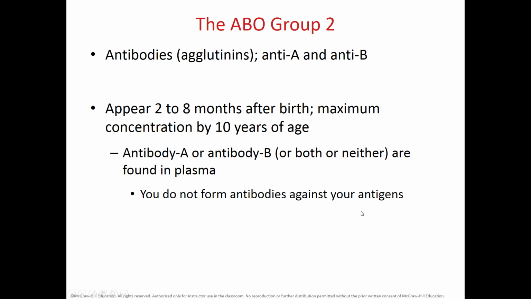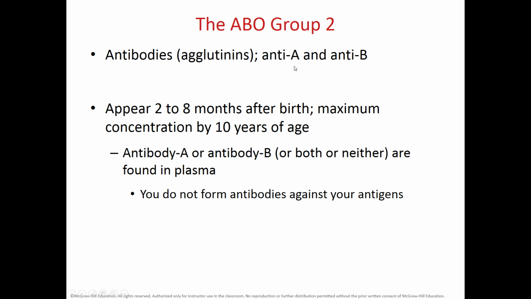So within your plasma, depending on the type of blood that you have, you will have a specific type of antibodies or not, or agglutinins. So if you have B type of blood, you will have anti-A antibodies, but you don't have anti-B antibodies because you cannot attack your own blood.